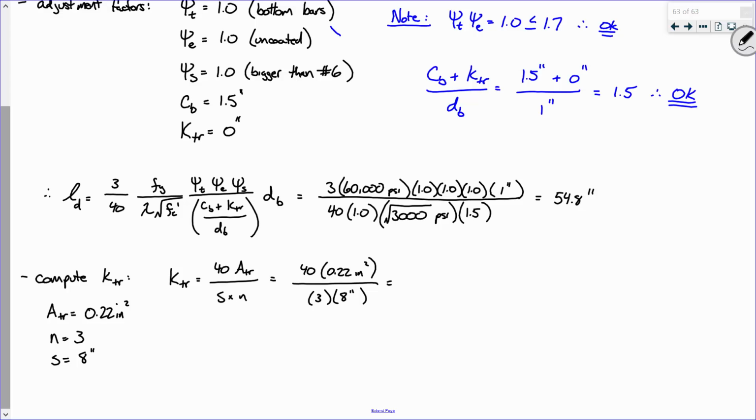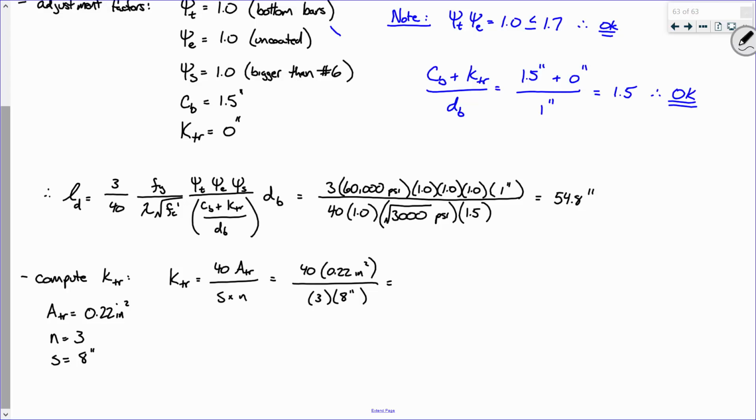Think about what we're using this for, okay? We're using this transverse reinforcement index to recognize that those stirrups are confining the concrete, right? So we get a benefit from that. Let's say we're at a transition region computing development length right here, and on this side we have 8-inch stirrup spacing, and on this side 12-inch.